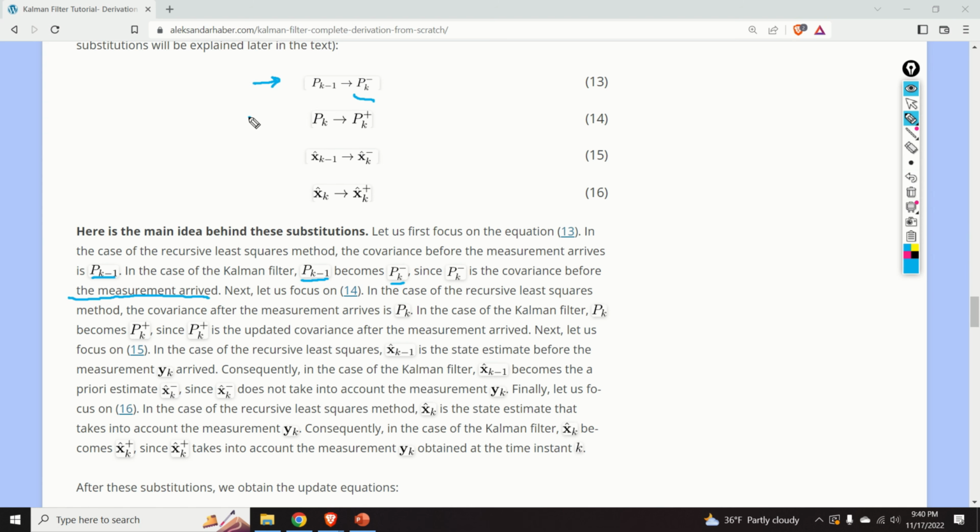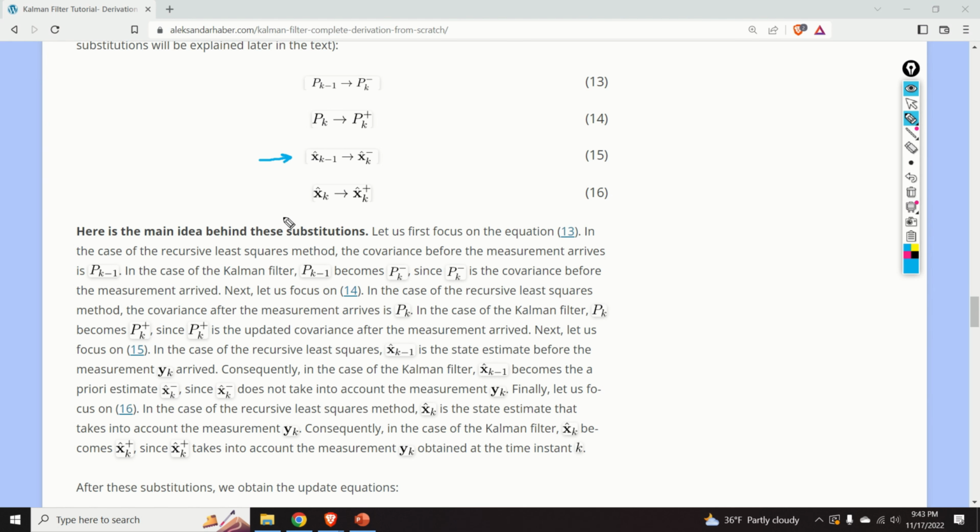Next, let us focus on the equation 14. In the case of the recursive least squares method, the covariance after the measurement arrived is Pk. In the case of the Kalman filter, Pk becomes Pk plus, since Pk plus is the updated covariance matrix after the measurement arrived.